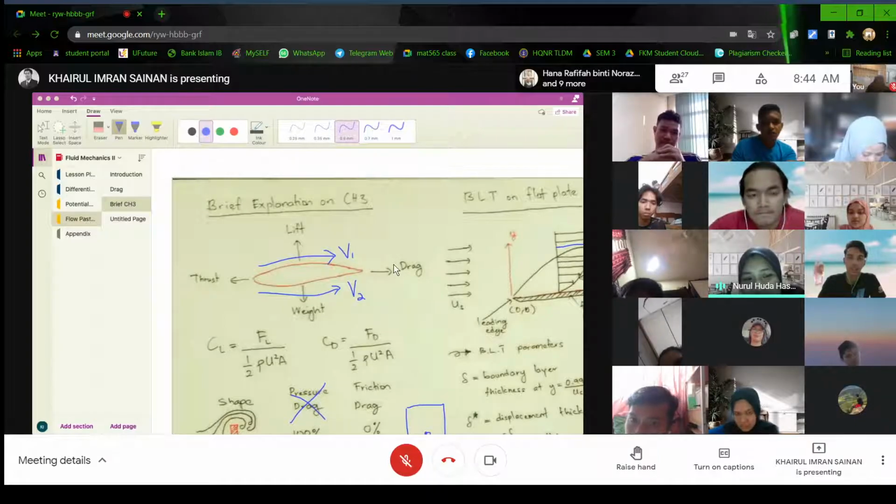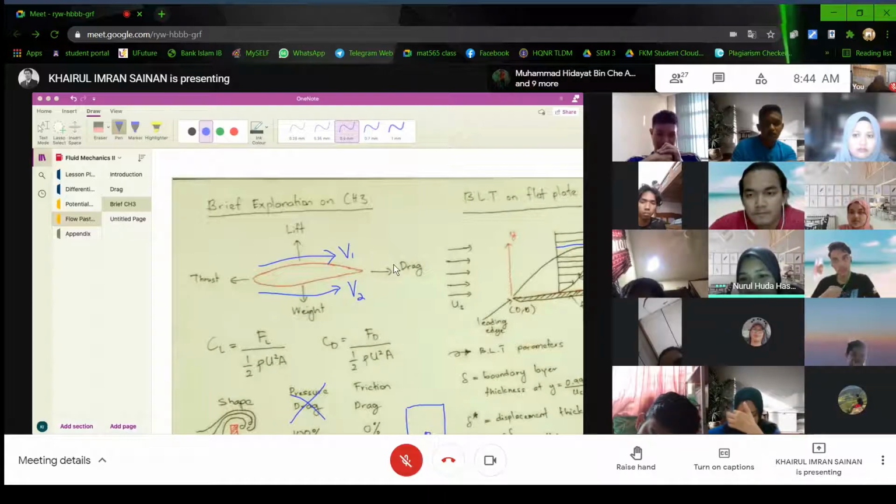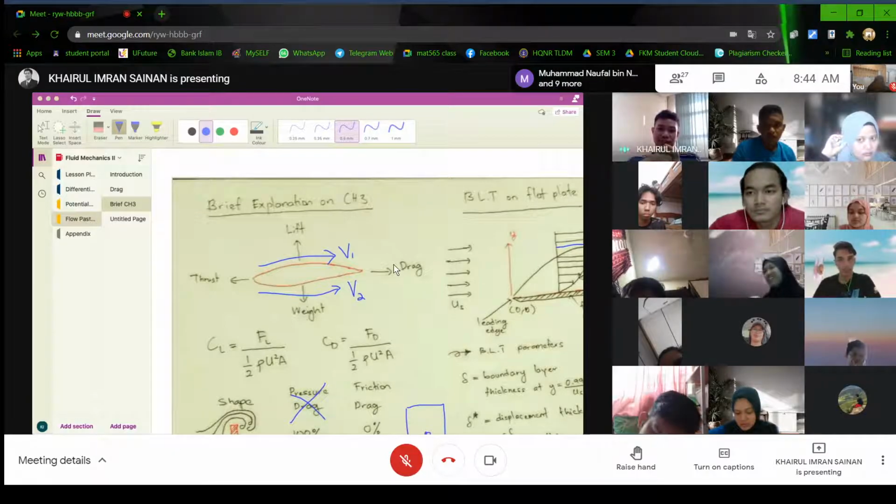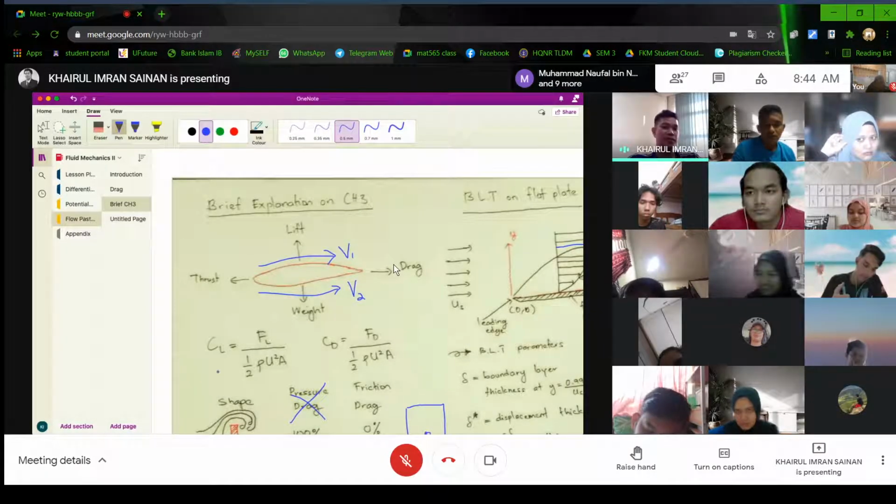V1 must be high so that the pressure at V1 is low. So V2 is slow, its pressure is high so it will go up. Is it correct? Yeah. Very good. So that's the concept of it.